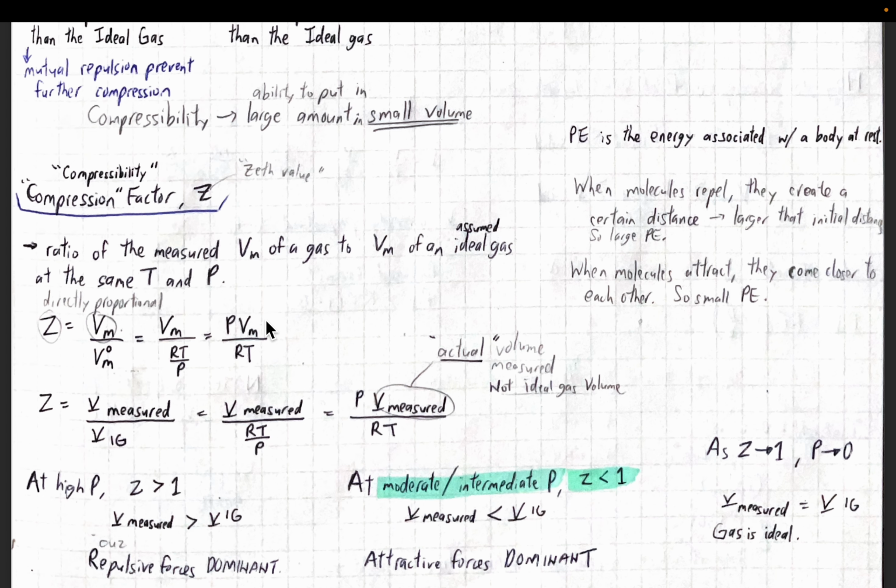So that's going to be P times Vm over RT. Vm, or the V, and then there is an underline at the bottom. They're essentially the same thing. Okay? So this V sub m here is also the V measured.